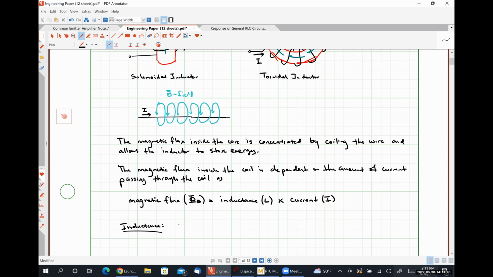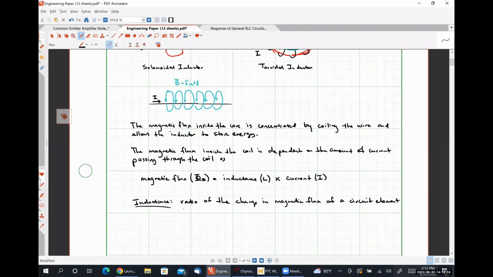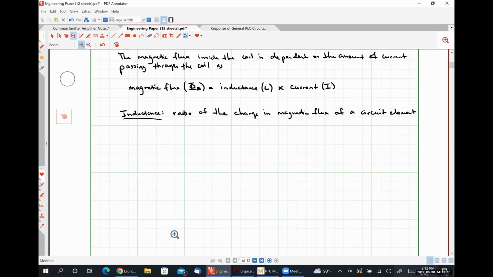So what inductance is, it's the ratio of the change in magnetic flux of a circuit element due to a corresponding change in an electric current. Sorry, I don't know why my screen zoomed in.